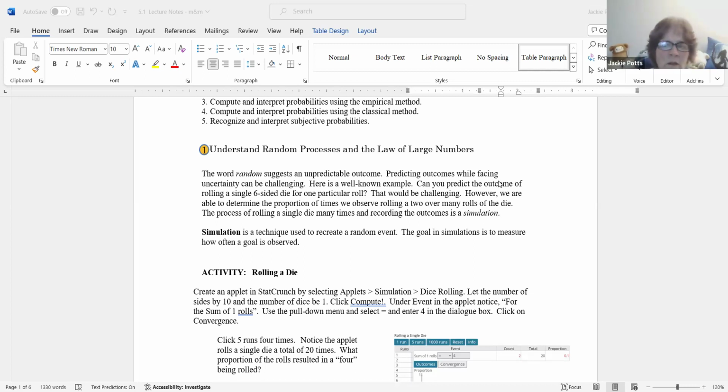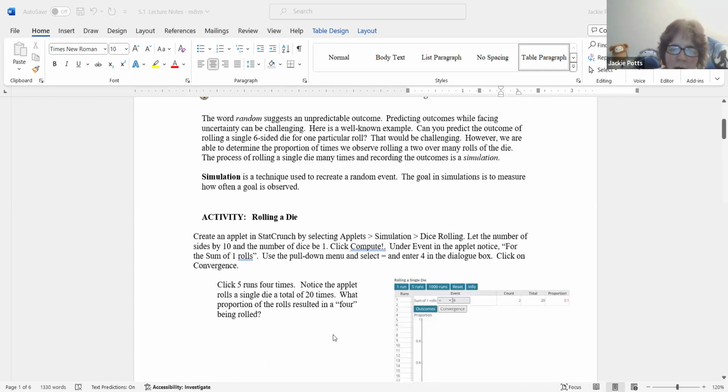So let's go to StatCrunch, and that's what this is telling us to do if you want to play along, is to use how StatCrunch has a simulator for rolling the dice, which is nice because it takes quite a long time to roll the dice to get to like 1,000.